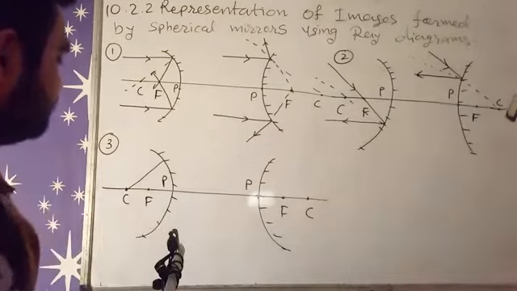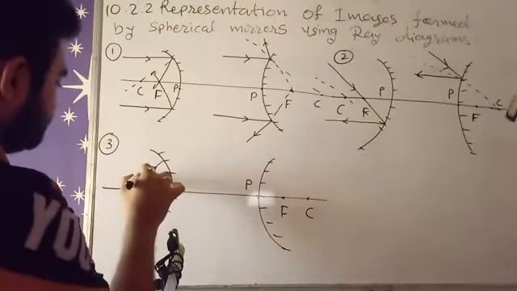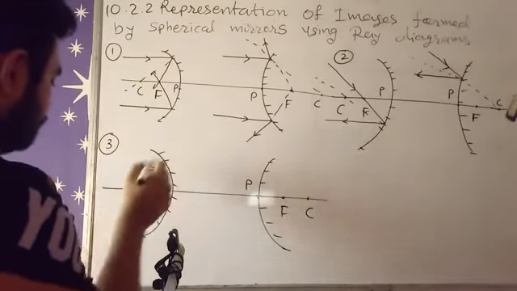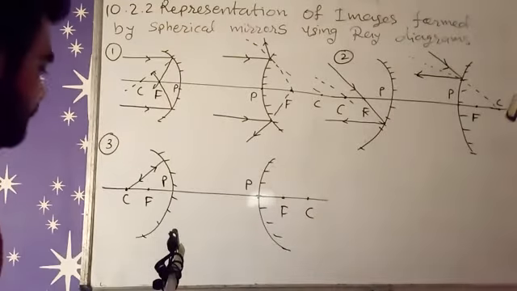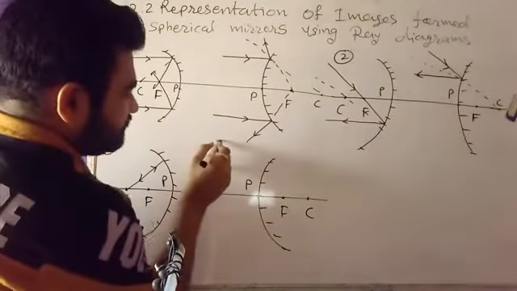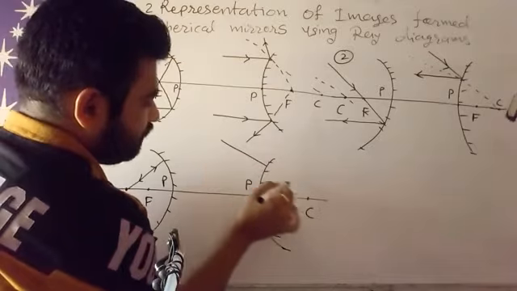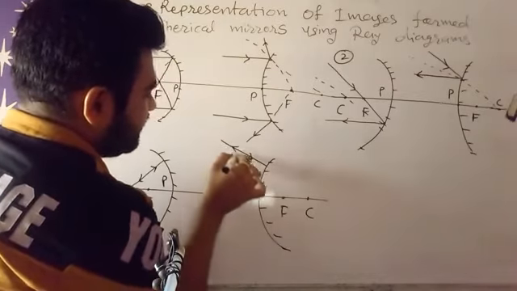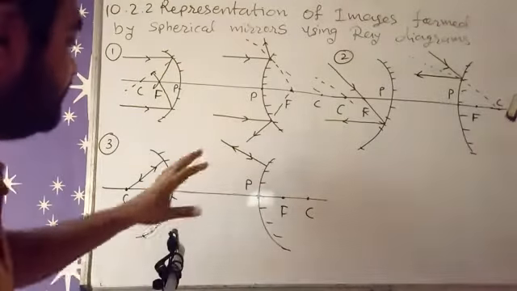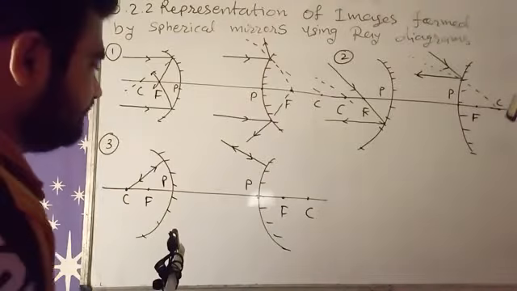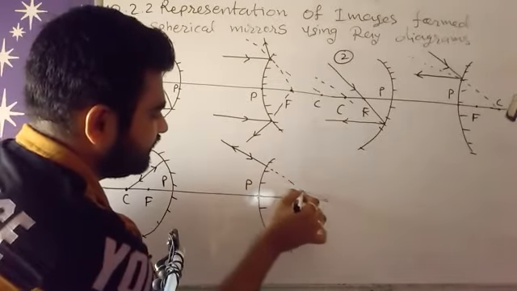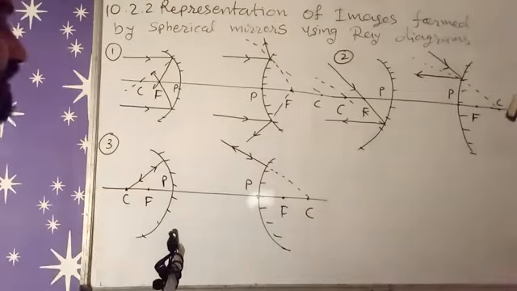After getting reflected from here, the reflected ray passes through the C point. Similarly, any light ray which is about to pass through C will be reflected along the same path. So that is another characteristic for both mirrors, right? If I draw the line further, it will pass through C here.